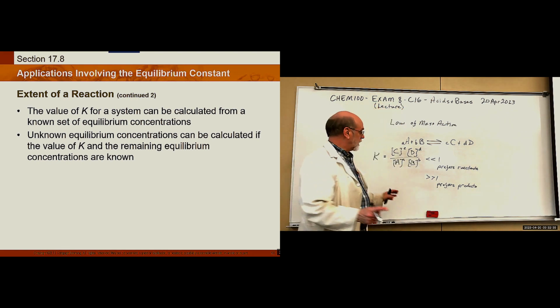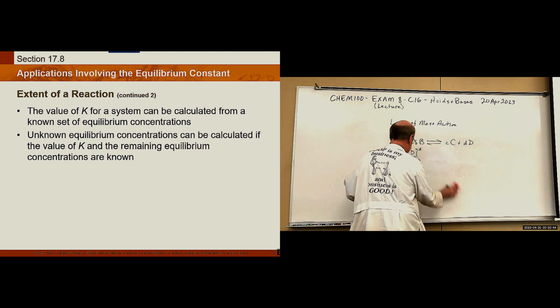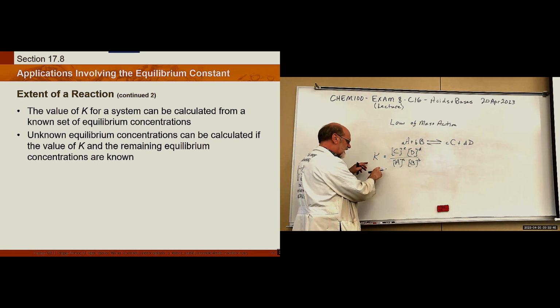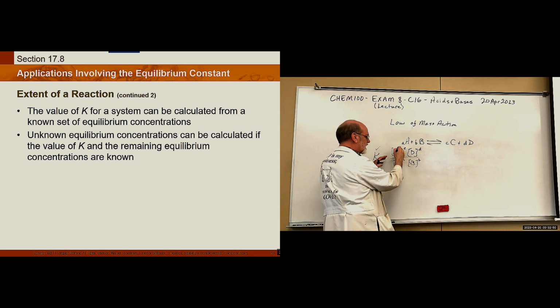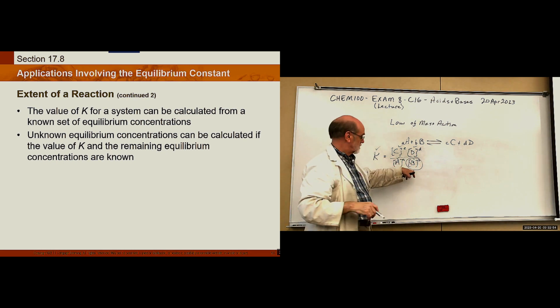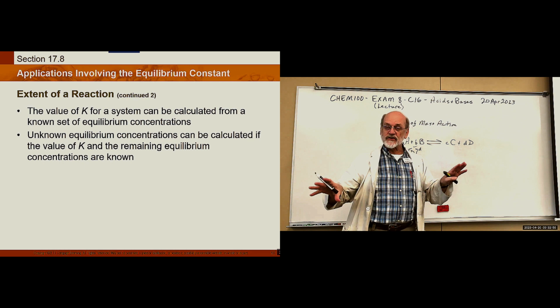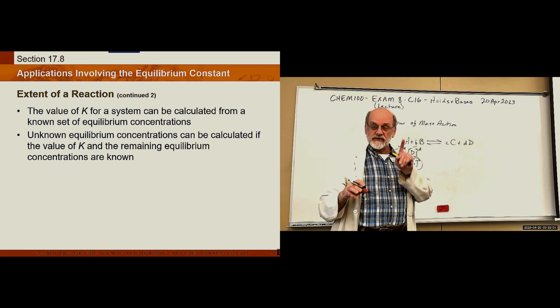One other point. If we are given a K here, and we're given values for any of these, and say this one is unknown, it's like any algebraic expression. If you've got an equation with one unknown, you can solve for it.